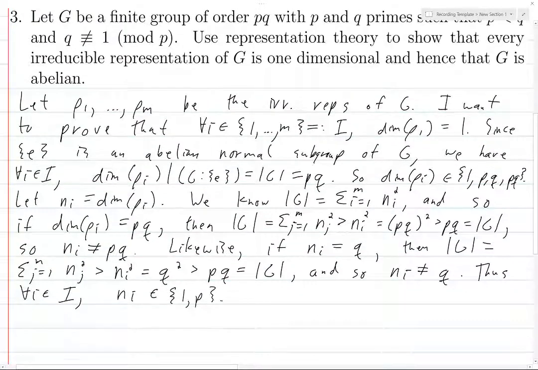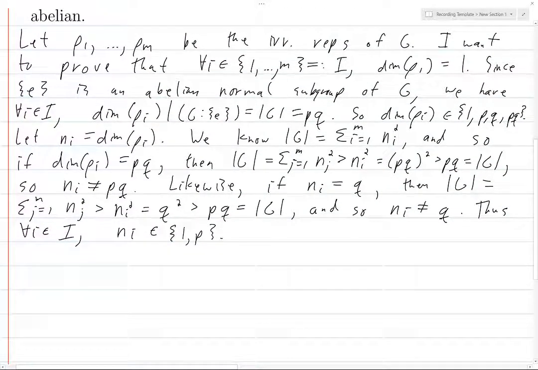Now, we want all of them to be 1. So we want each Ni to be equal to 1. So we have to prove that P cannot happen. And we have to do some really weird stuff in order to prove this. It's actually going to involve commutators.